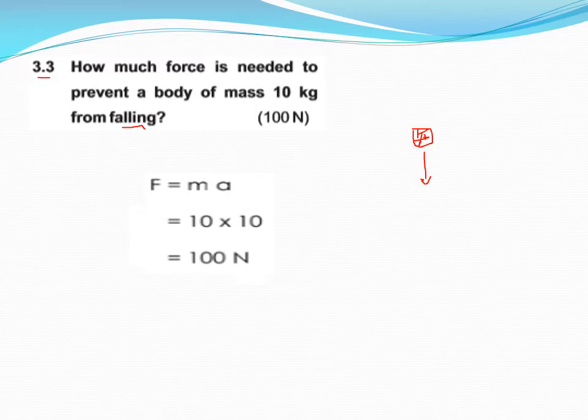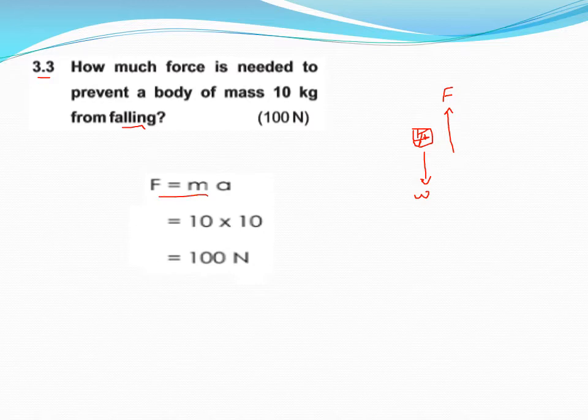Okay, it is moving downward due to its weight W, and we are to hold it so that it would not fall. So we are to provide some force which is basically balancing the weight.